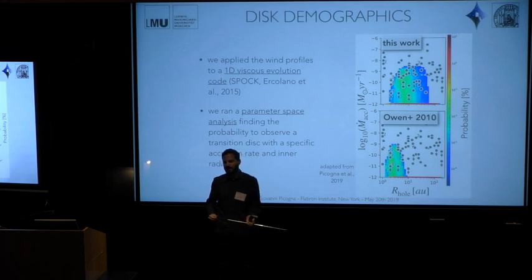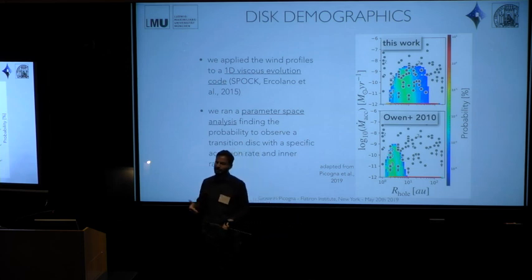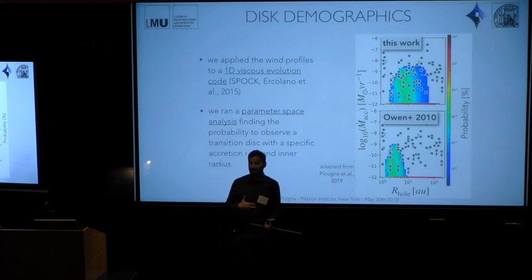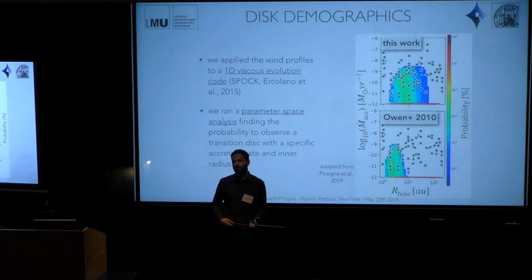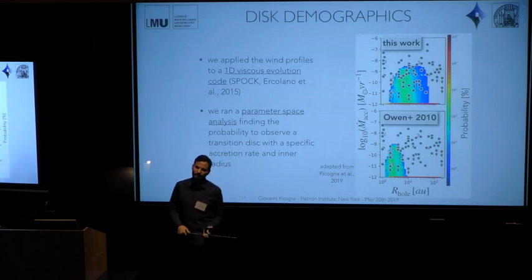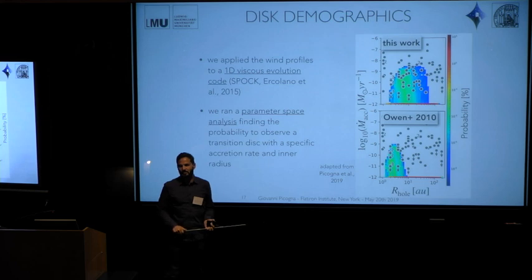Since we were able to push the wind mass loss rate a factor of 2 to 3 higher than the old James Owen models, it means that we can open a gap earlier in the disk evolution, and so we will have a higher mass accretion rate onto the central star at the time of gap opening. This is the main idea. Yes, this is the only thing I can say.